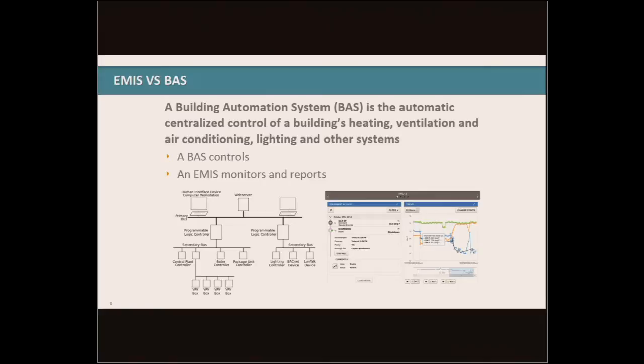The two most important points to differentiate the two is that a BAS controls things, and an EMIS monitors and reports. As I mentioned, there is some overlap. There are some building automation systems out there that have elements and functions of an EMIS, but by themselves they generally don't constitute an EMIS.